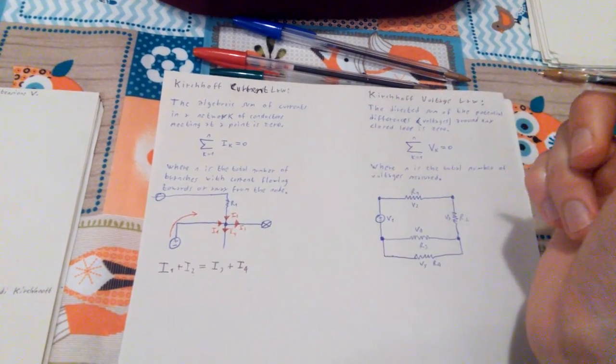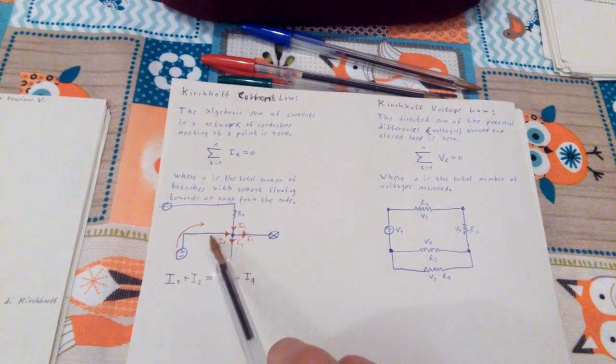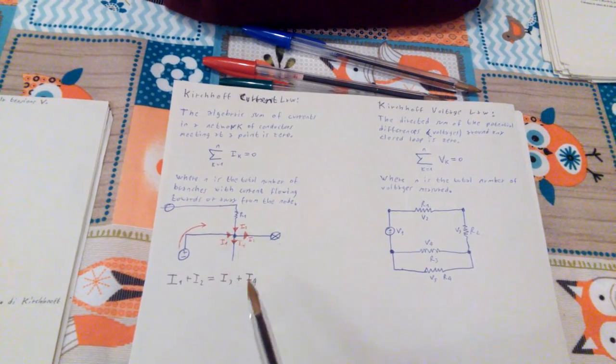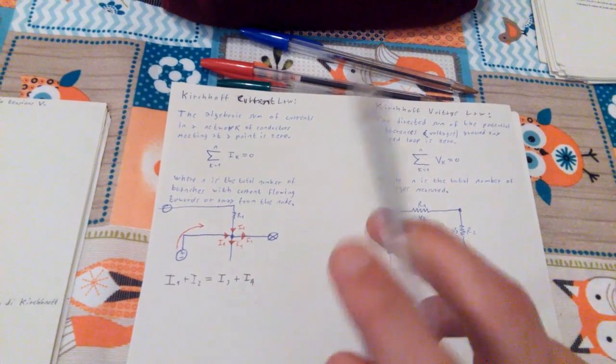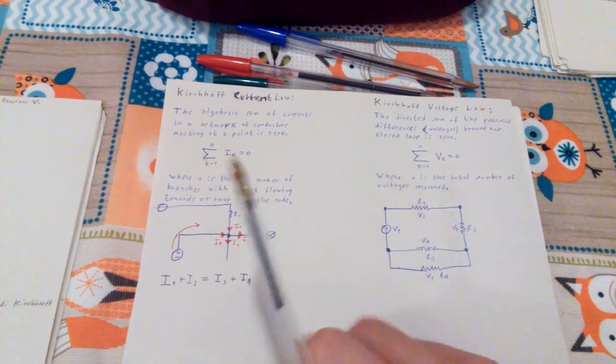That's it. The sum of the currents entering a node is equal to the sum of the currents exiting a node. Conservation of energy, just like that.